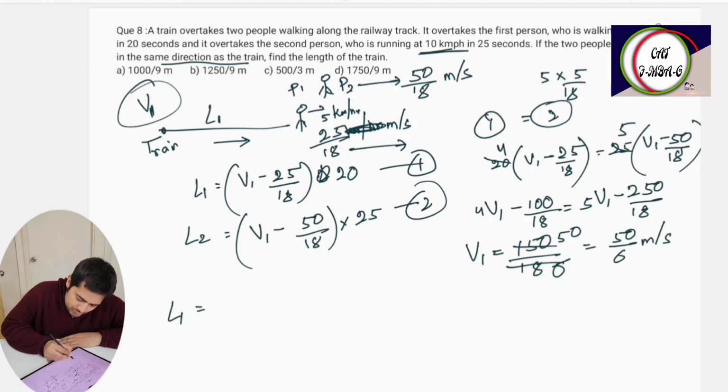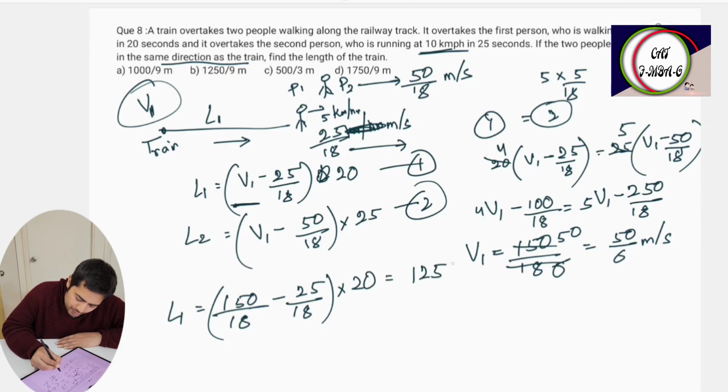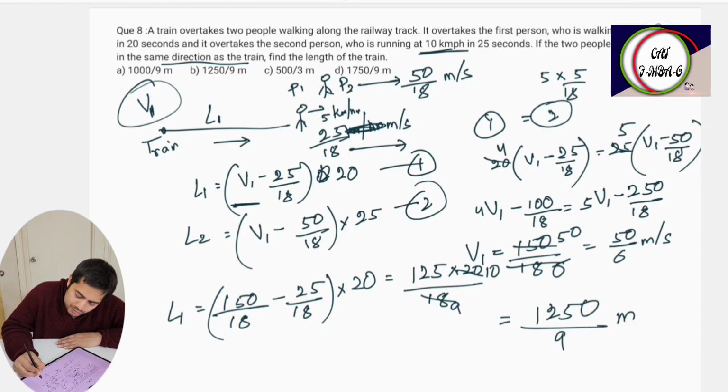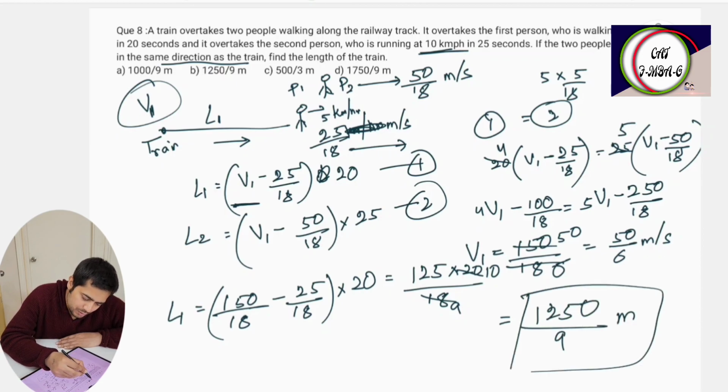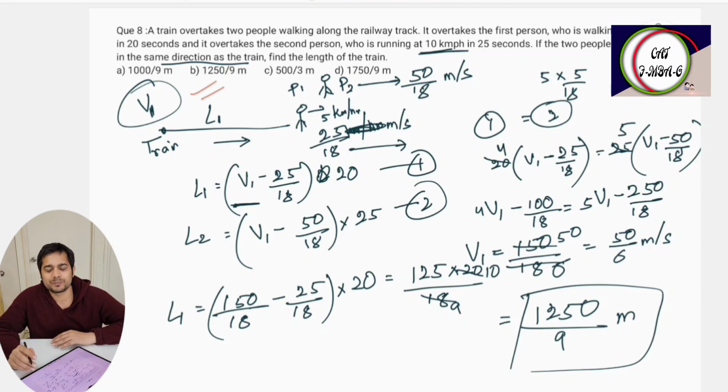L1 is equal to V1, which is 150 by 18, minus 25 by 18, into 20, which is 125 into 20 by 18, so 1250 by 9 meters is the right answer. Yeah, option number B is the right answer.